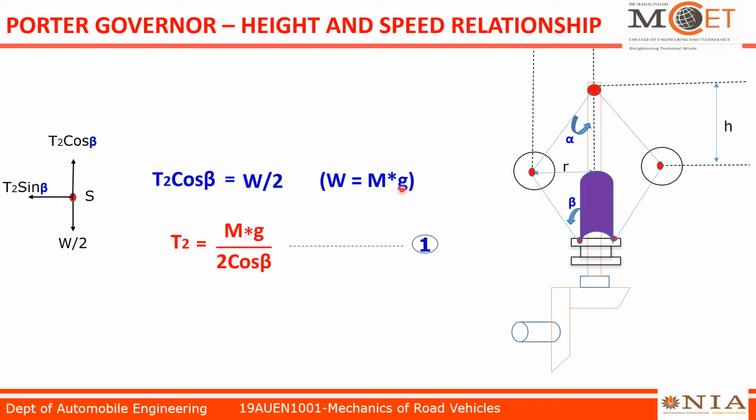This is our equation number 1. Now we have calculated the tension acting on the lower arm, which is T2 equal to sleeve mass into gravitational force divided by 2 cos beta.